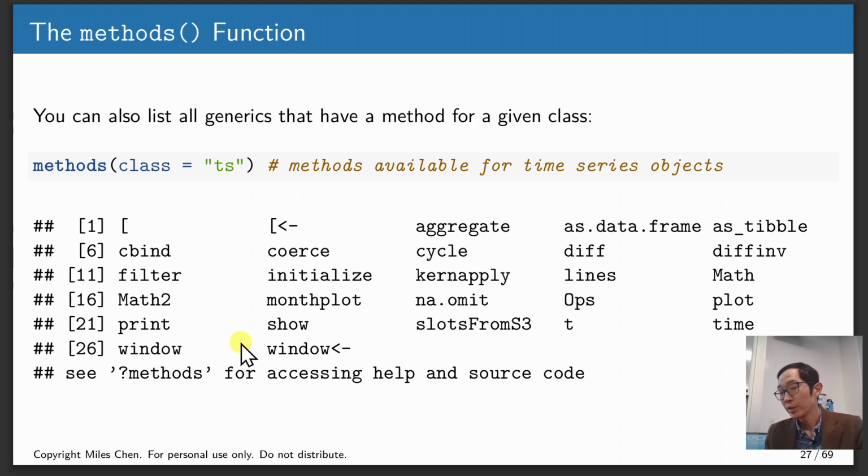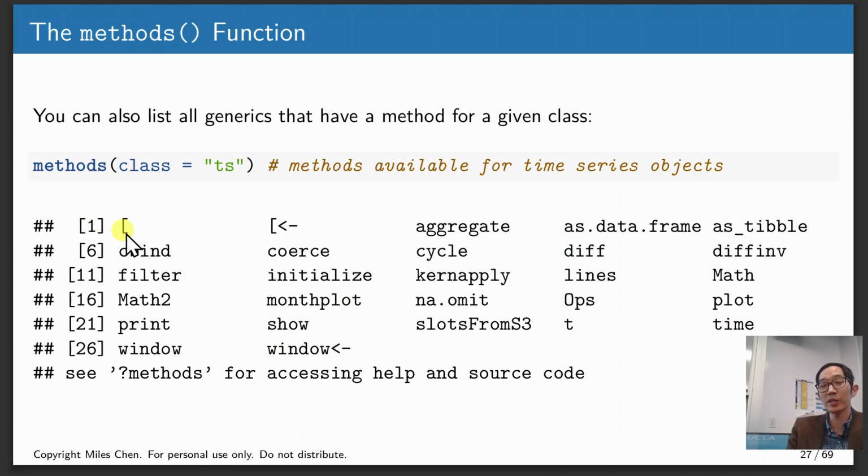Okay. You can also see all of the methods that can apply to a certain class. So we have class ts for time series objects, and we can call print on a time series. We can call aggregate on a time series, or plot, or cbind, or show, window, all of these things.